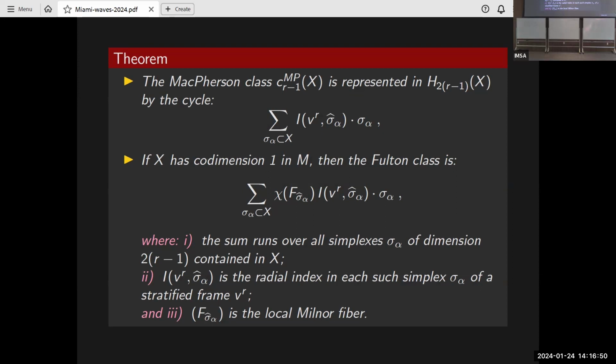Similarly, you take the same thing, but instead of just this number, if this is a complete intersection, sorry, a hypersurface, instead of this number you put the local Milnor fiber and take its Euler characteristic. Then the class is equal to that. So we see a strong relation between the various indices and these various generalizations of Chern classes.